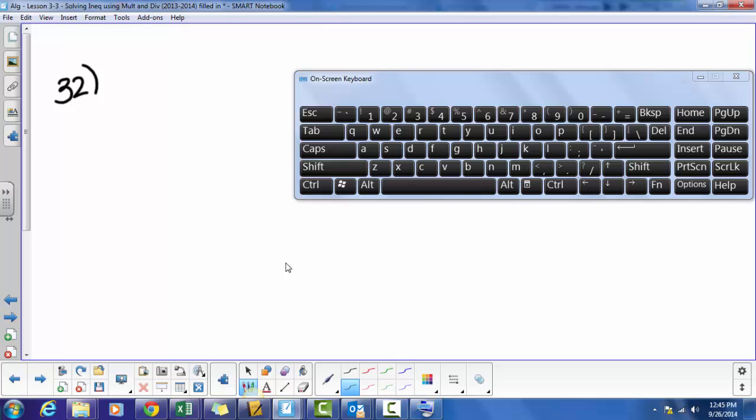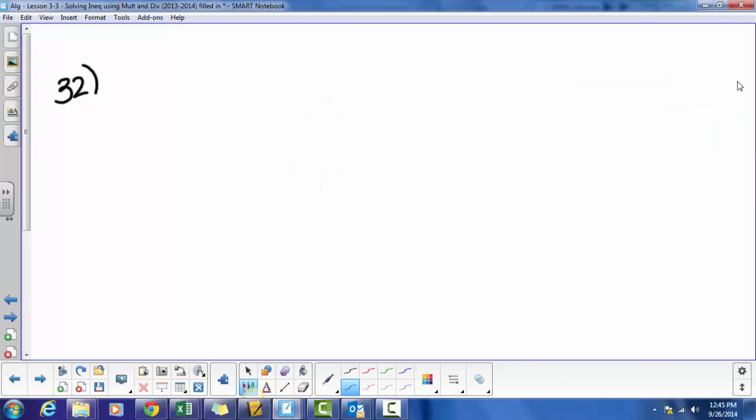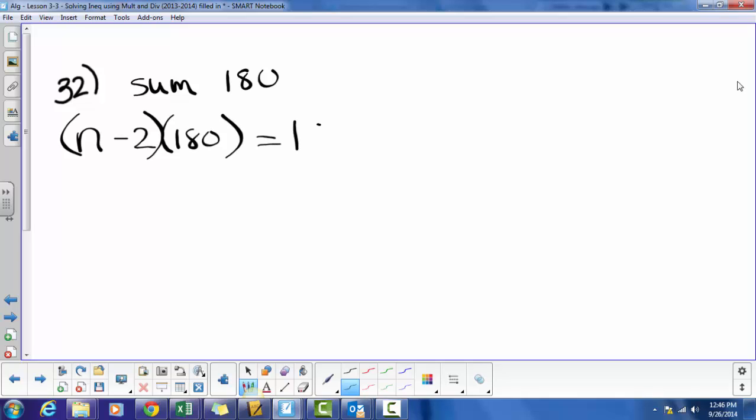All right, so for number 32, you're told that the sum of the measures of the angles of a polygon with n sides is given. So the sum is 180. So that means n minus 2 times 180 equals 180.